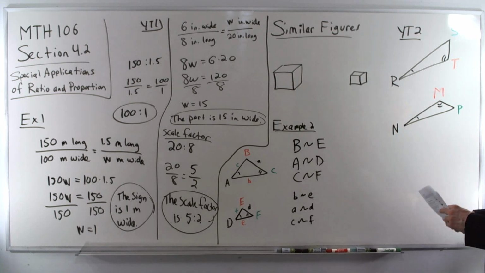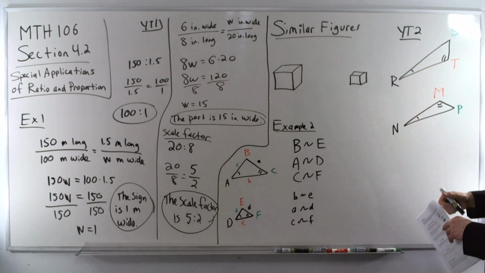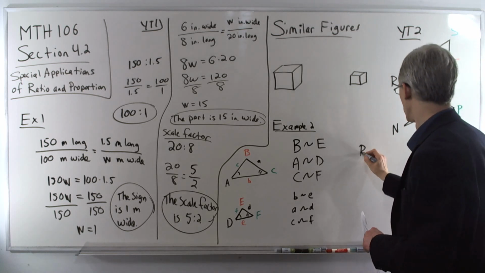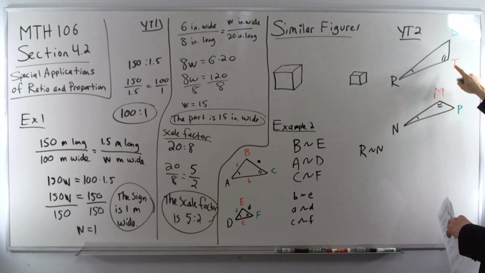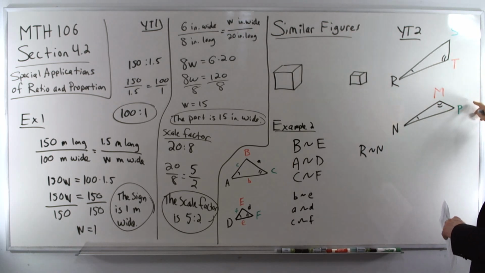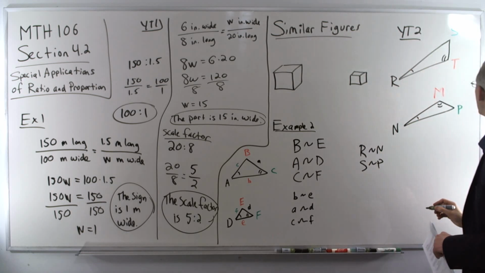All right, corresponding sides here, we notice these have the same markings, so R and N correspond. And then no markings here or here, so S and P correspond.